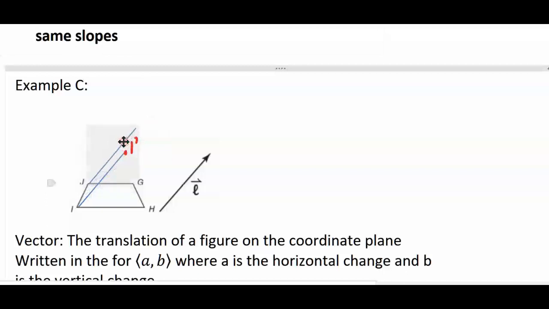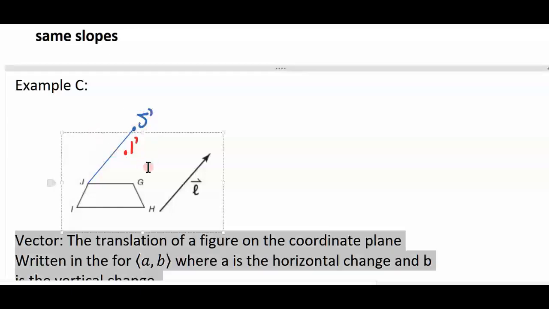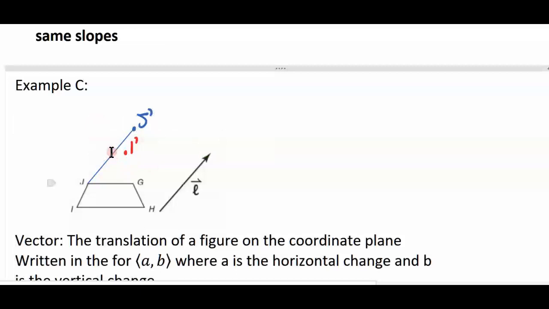And you could use a ruler, you can use a sheet of paper. This is now my J prime. And then I'm going to grab this again and line it up here. This is my G prime.